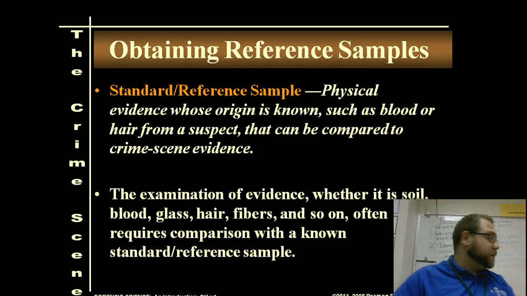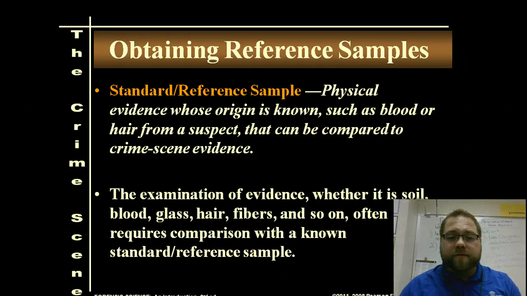Okay, reference samples. A standard reference sample would be physical evidence whose origin is known, such as blood or hair from a suspect that can be compared to crime scene evidence. This would be like hair samples from suspects and family members and people who are around a victim.